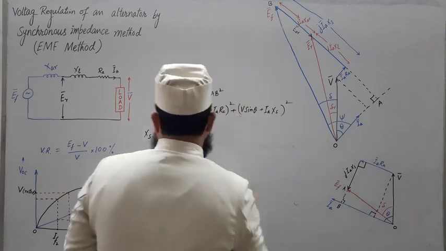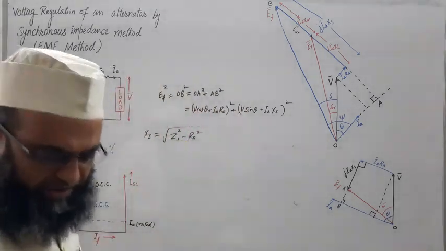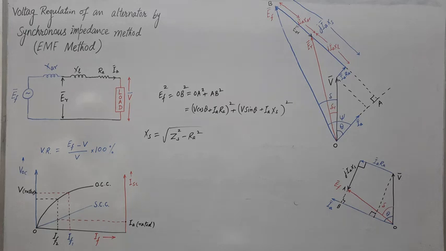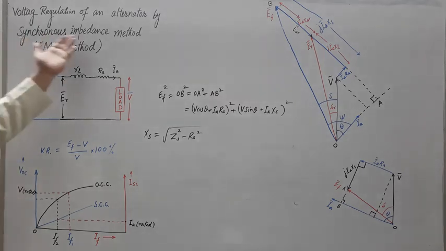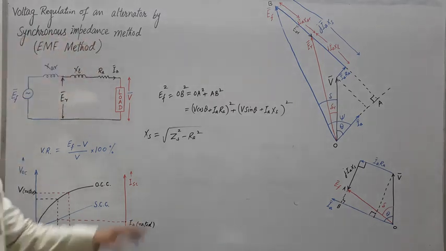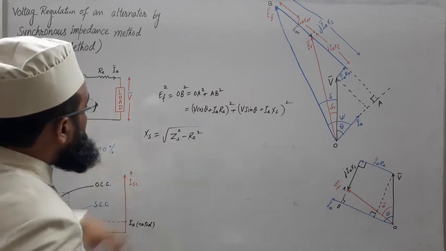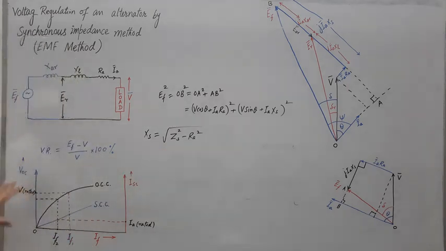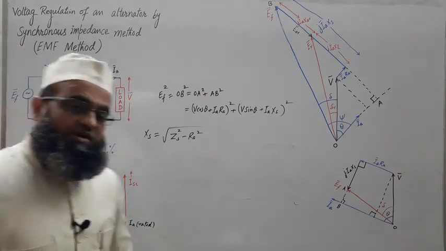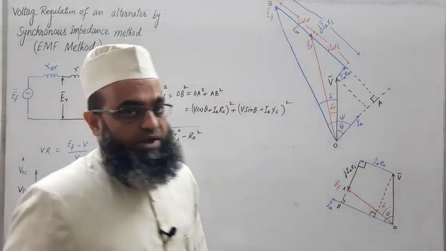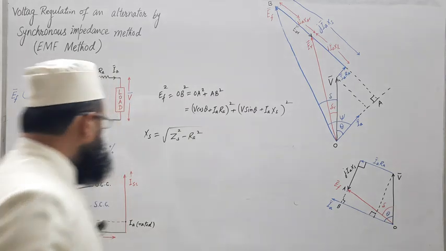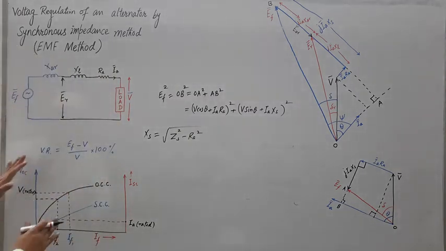How to get the value of ZS? ZS is synchronous impedance, and this method is known as the synchronous impedance method. So synchronous impedance can be obtained by performing two tests, the open circuit test and the short circuit test. We have already covered this topic in our previous lecture, so I am not going to discuss it again.